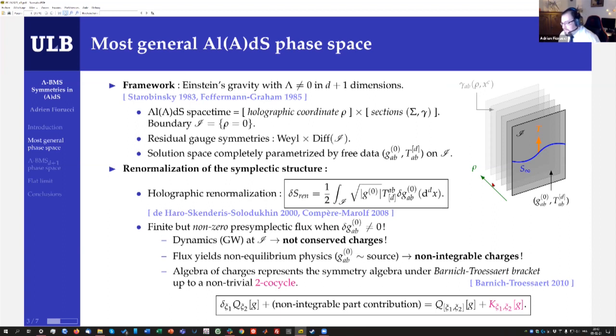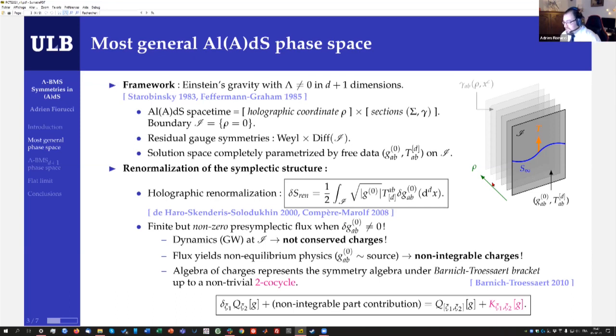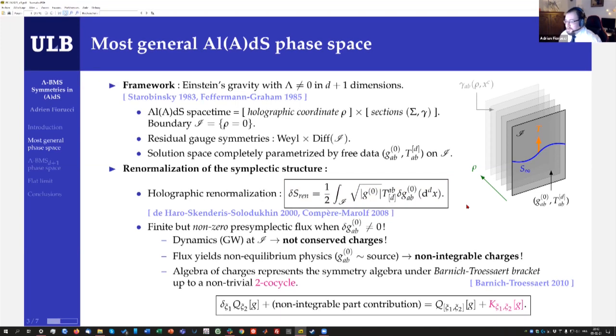And the answer is yes, because you can get some understanding of the benefits of the holographic normalization at the level of the phase space within the Iyer-Wald procedure to compute the symplectic form and charges. Here is the holographically renormalized action principle, from which you can deduce the symplectic flux, morally this right-hand side, and deduce by the fundamental theorem of the covariant phase space formalism the finite charges.